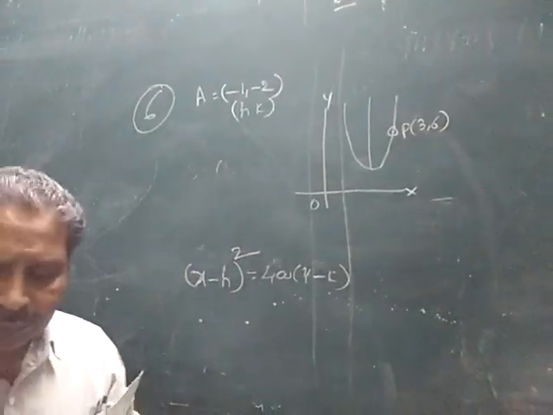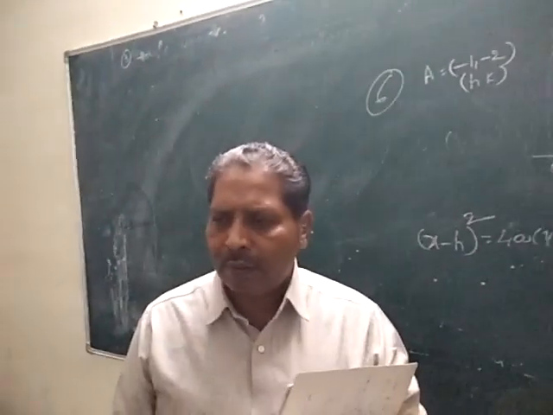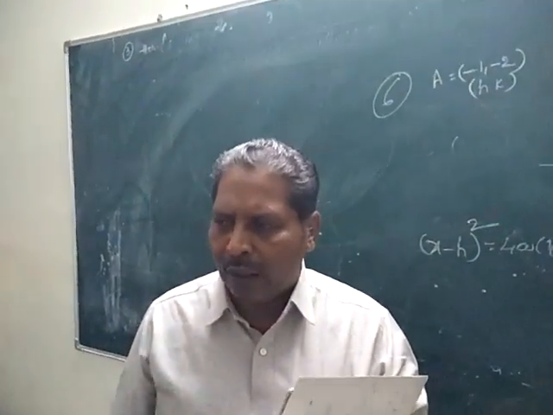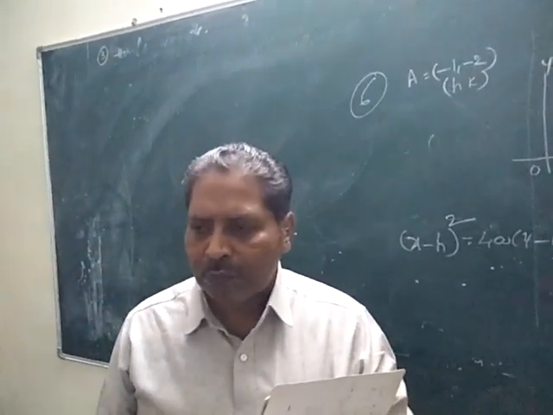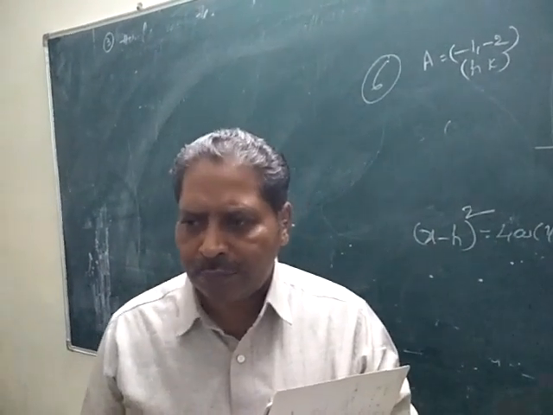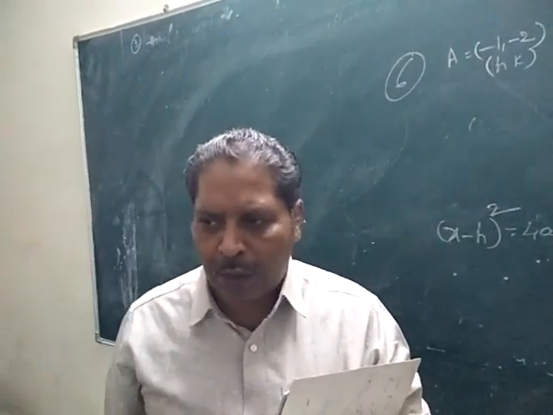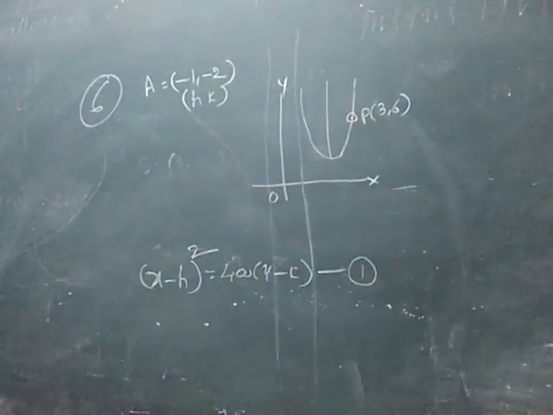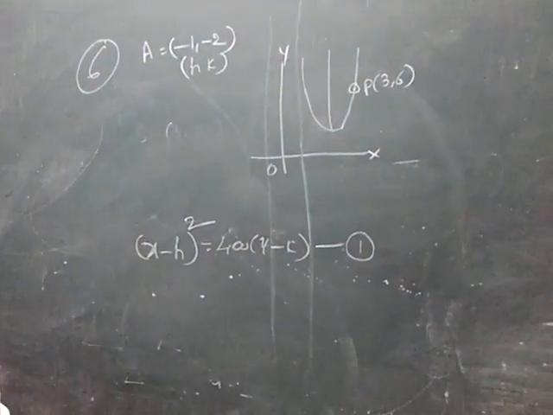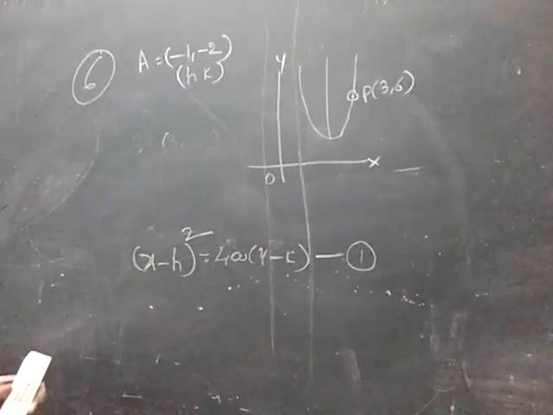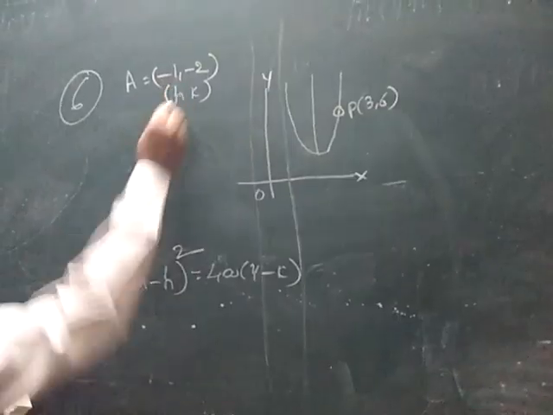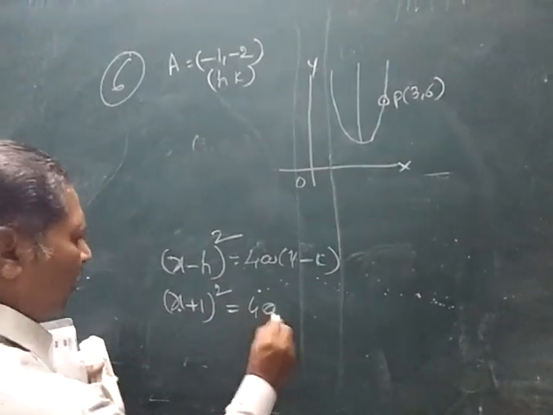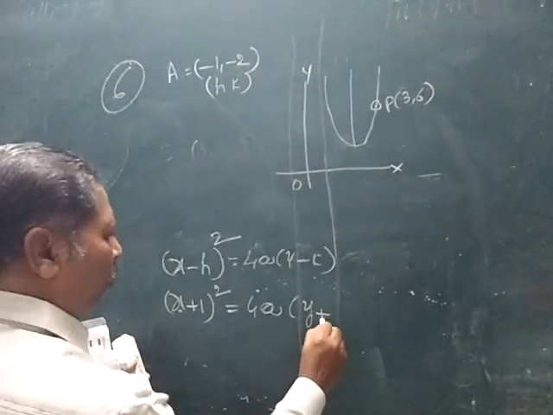Next, given the axis line is vertical, therefore the equation of the parabola is (x minus h) whole square equal to 4a into (y minus k). (x plus 1) whole square equals 4a into (y plus 2).